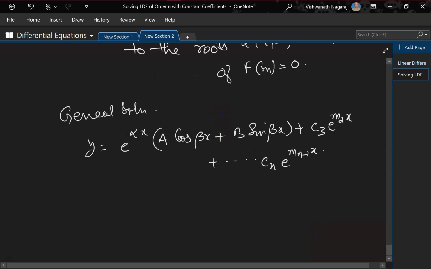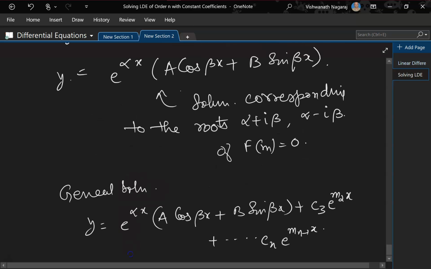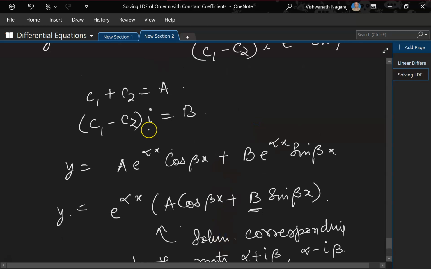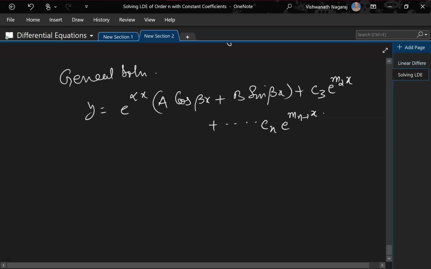Okay, so that is the general solution for complex roots. Now here remember, this B is not an imaginary number, even though it may look like it is, but it would resolve into a real number.